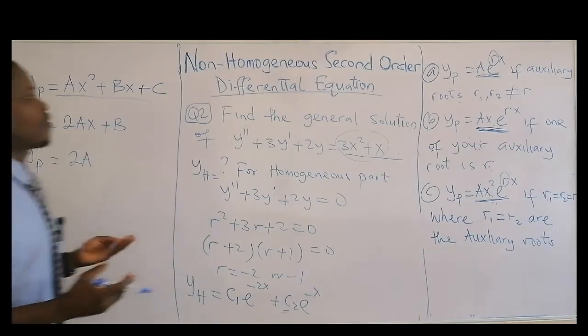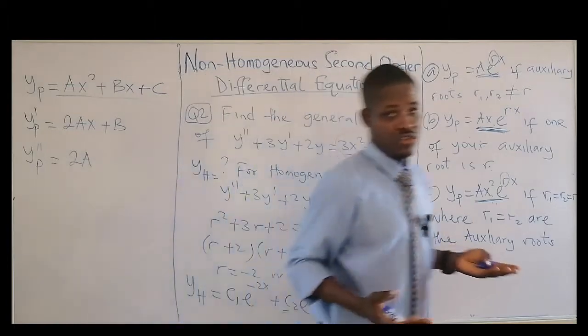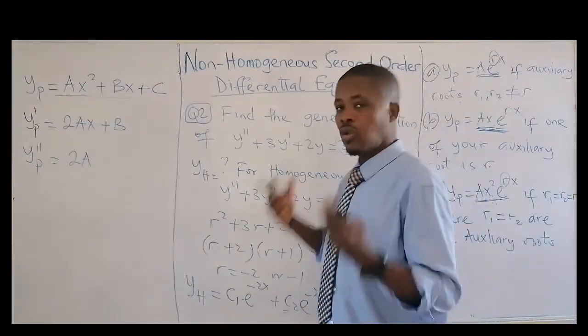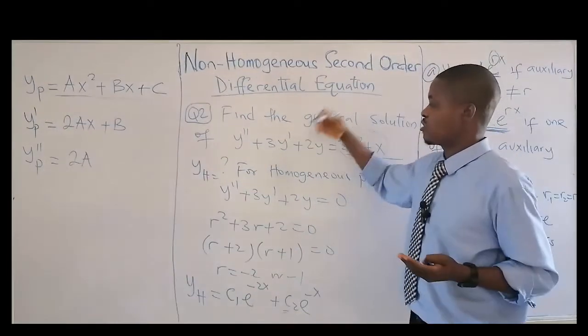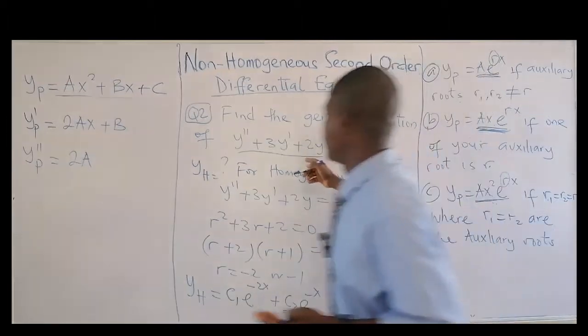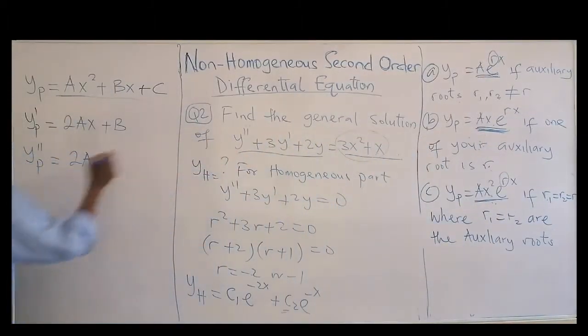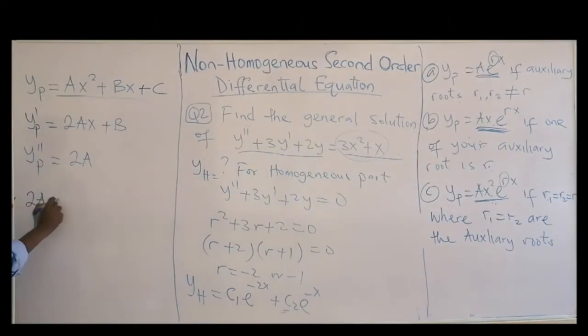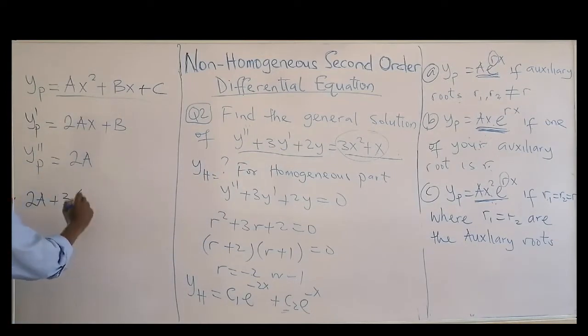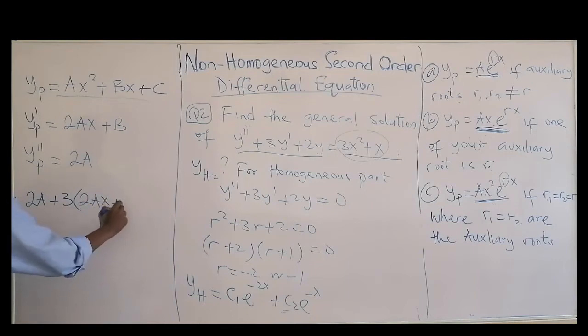So in this method of undetermined coefficients, what you do now is to plug in your first differential, your second differential, and your y into this equation. And that will now become: my second differential is what? 2a. My first differential, 3 times the first differential, is what? 2ax plus b.